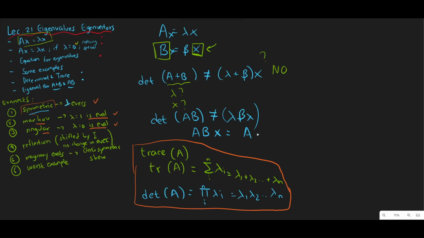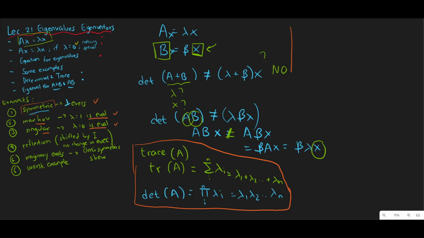Bx here is beta x, and if I switch up the beta, then you have beta A x, and then you have beta lambda x. And this is also not true, for the same reason: there is no guarantee that x is also the eigenvector of B and A.